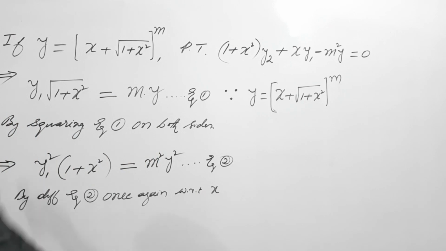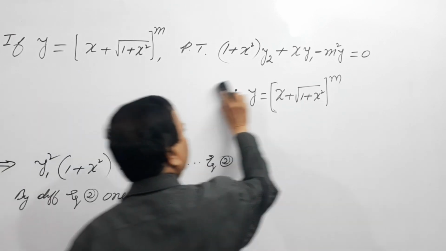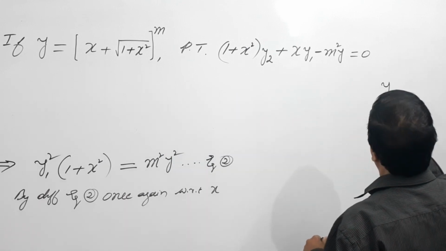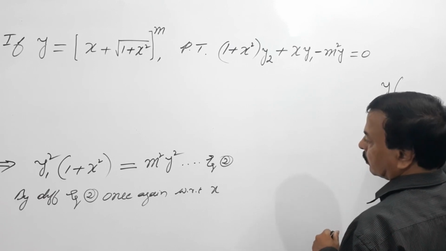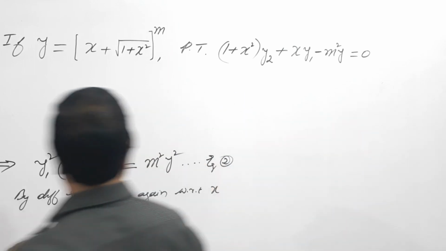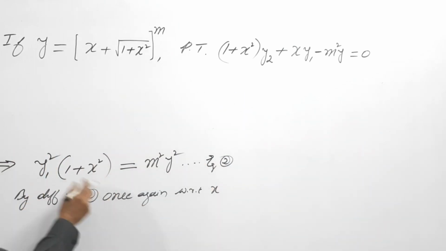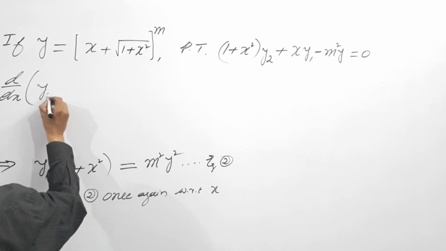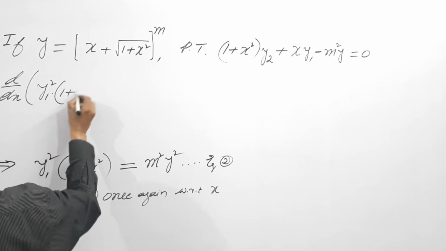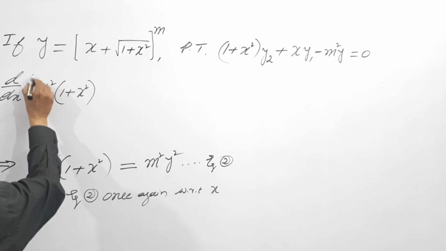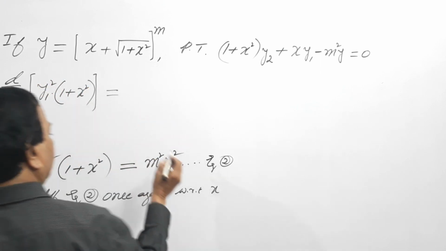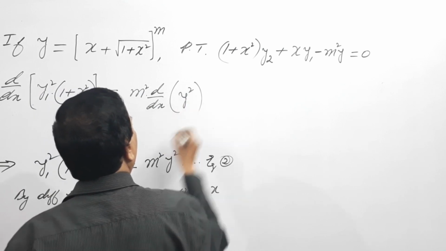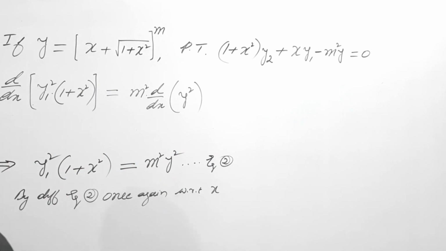So differentiating equation 2 with respect to x, this becomes d by dx of y1 square into 1 plus x square equals, I bring this m square outside, m square into d by dx of y square.